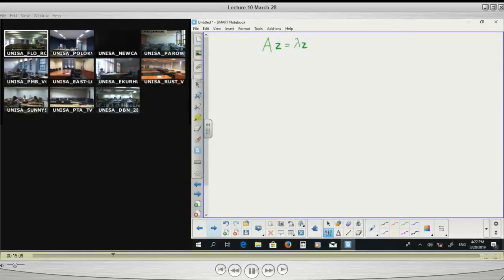If I have Z in Cn, by Z bar I will mean that n-tuple where I have taken the conjugates of each of the entries of Z. I define this symbol, so this is some kind of a definition that I am making.